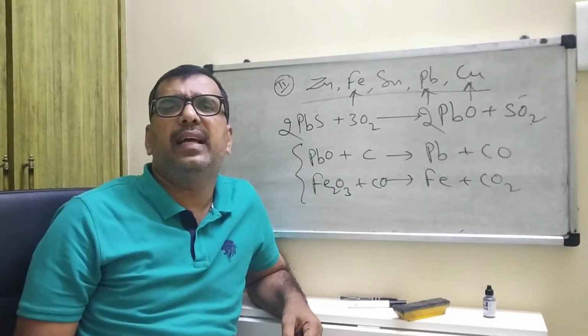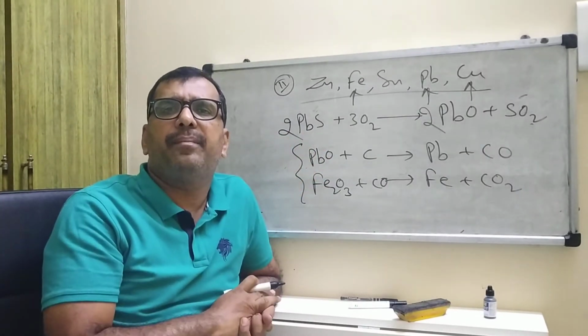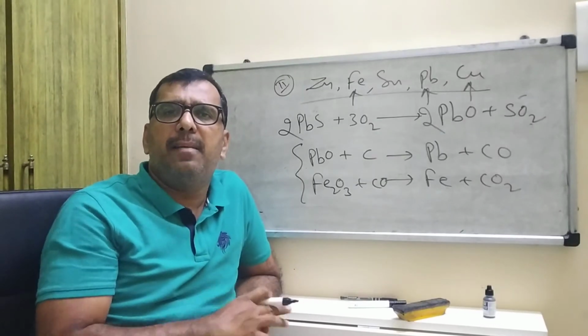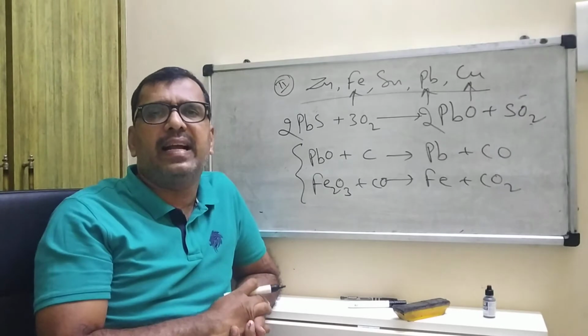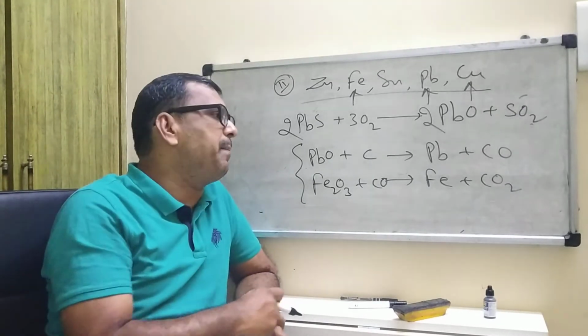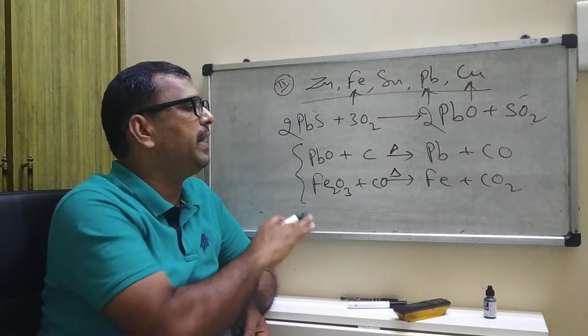Metallic oxides are reduced to the respective metals by using suitable reducing agents like carbon or carbon monoxide, at a high temperature of approximately 1000 degrees centigrade.